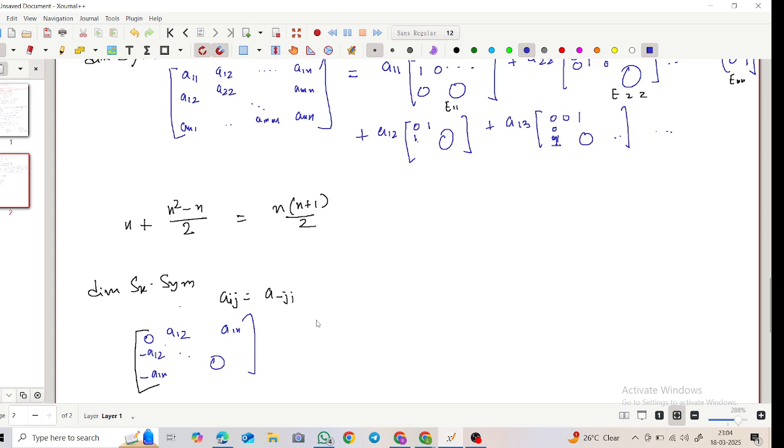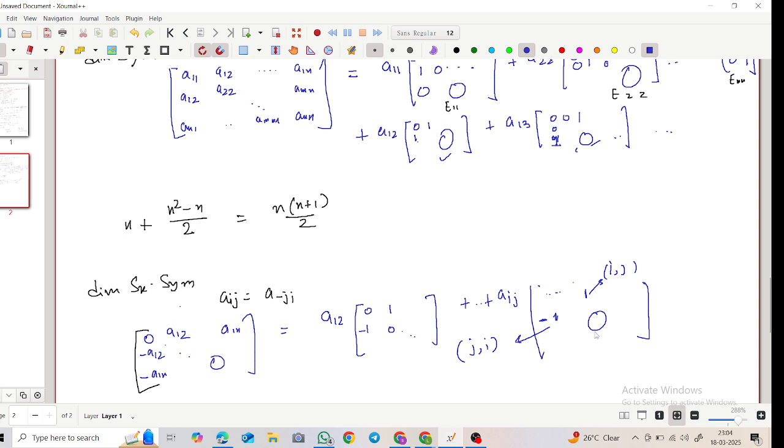So basically you can write it as A12 times the matrix with 1 and minus 1. These are all linearly independent matrices, you can check. Similarly for Aij, you will have one at the ijth place and minus 1 at the jith place. So that is your basis.